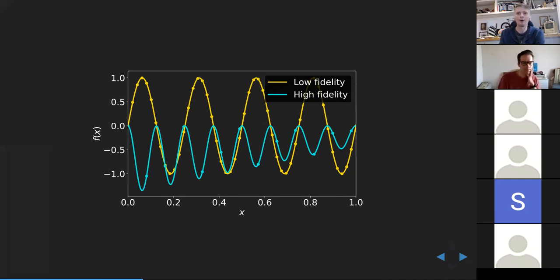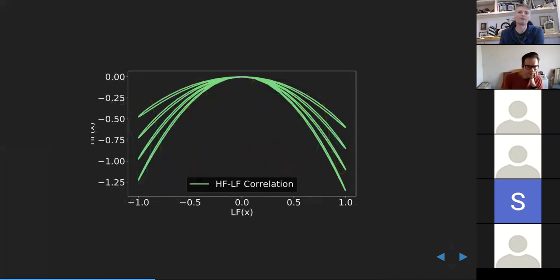If we think of the high fidelity function as a nonlinear corruption of the low fidelity, then this is what the nonlinear corruption looks like. If we were to plot the previous model, we would just see a linear relationship plus some corruption between the two. But look at this highly nonlinear relationship that Andreas has effectively constructed.